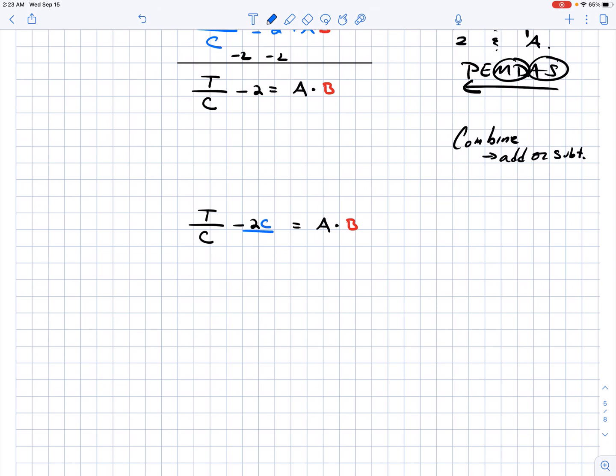I'm going to take c and divide it by c that way. And now you see that there's a common denominator of c, because they're the same letter. They're the same variable. So this is t minus 2c, all divided by what? C. And all of that is going to equal a times b.